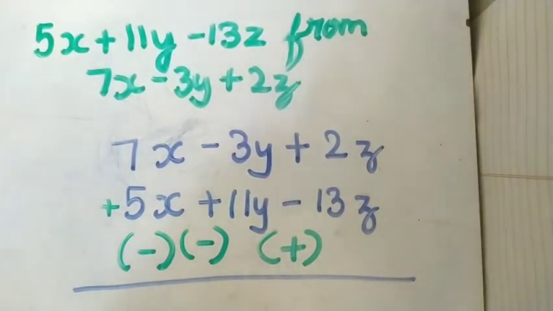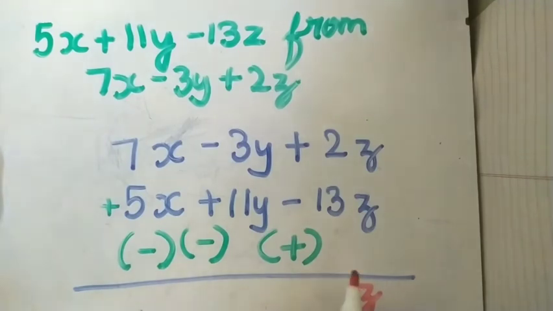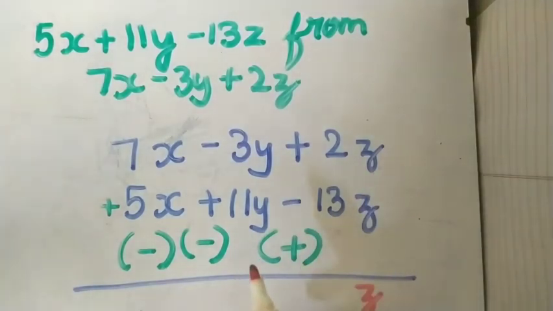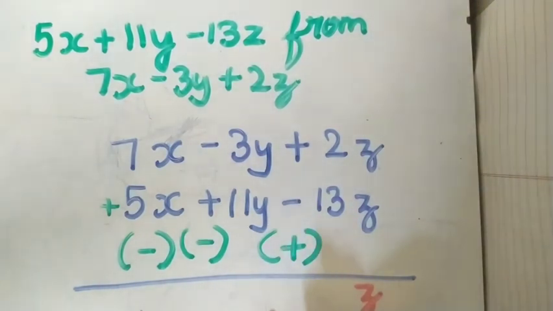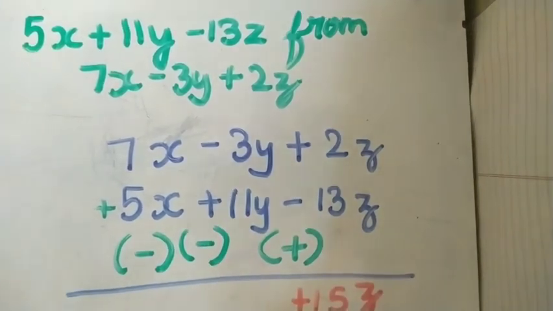So now let's solve this sum, that is z as it is. Now plus plus, we need to add it, that is 13 plus 2 is 15. The symbol will always be plus, 15z.